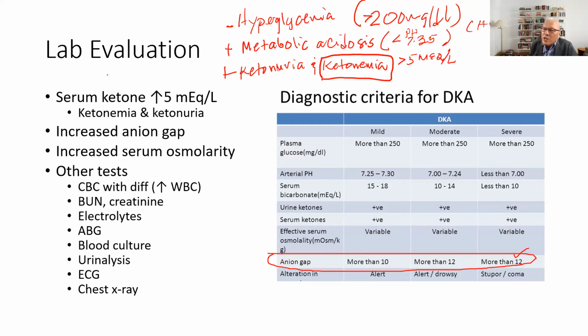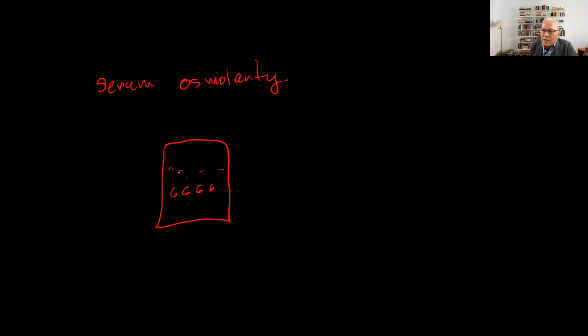Okay, so serum osmolarity measures the amount of particles in a solution. So supposing that this is blood and we have particles over here, glucose and other things, if we measure its weight, this is what's called osmolarity. Okay, so when you are dehydrated, does your serum osmolarity increase or decrease?